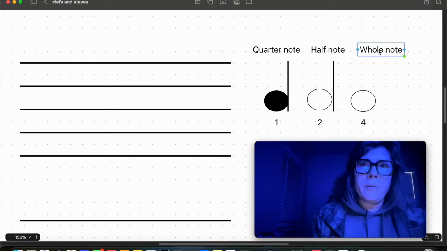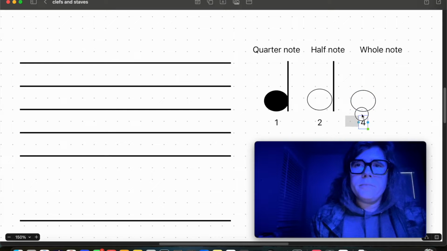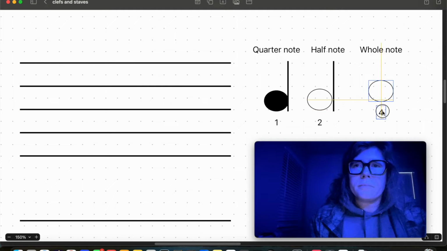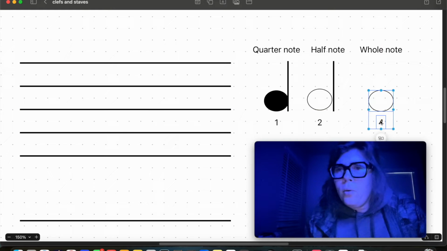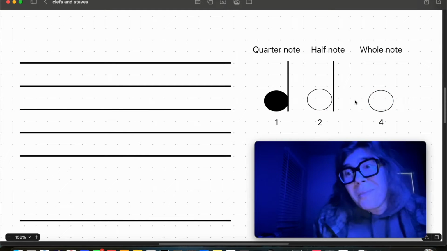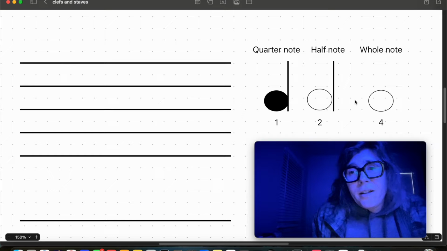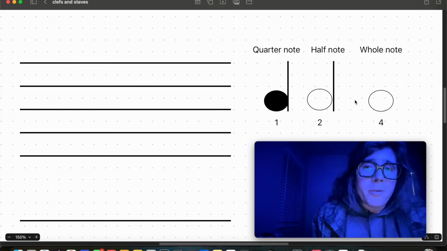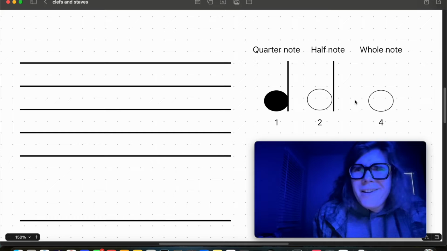Let me separate these a little more. So what do these numbers really mean, though, right? Because these numbers seem almost arbitrary. Why should the quarter note have a 1 under it? Why does the half note have a 2 and the whole note have a 4?